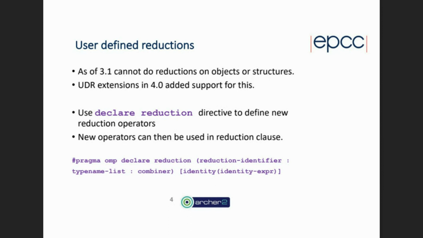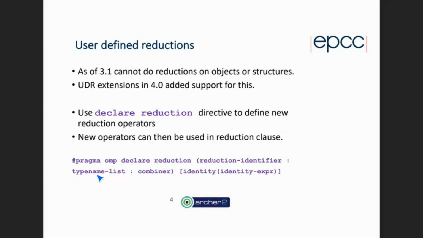Okay, so the syntax for this looks like omp declare reduction, and then we give it a reduction identifier, which just gives the operator a name, so that we can refer to it in the reduction clause.